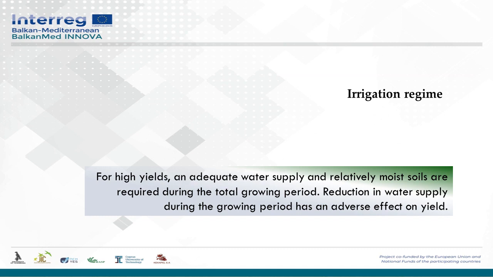There will be a lot of flower drops, but also it is expected that because of the water stress, the number of female flowers will be significantly reduced in the subsequent plant nodes. Therefore, we have to be careful and supply the cucumber crop with enough water during the entire growing period.